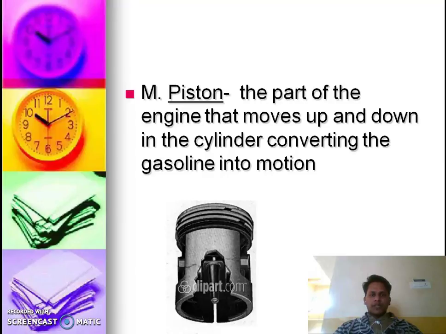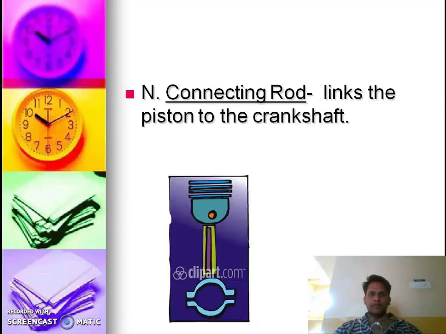Piston. Piston is the main part of the cylinder in a two-stroke or four-stroke engine. The part of the engine that moves up and down in the cylinder, converting the gasoline into motion. Connecting rod links the piston to the camshaft.